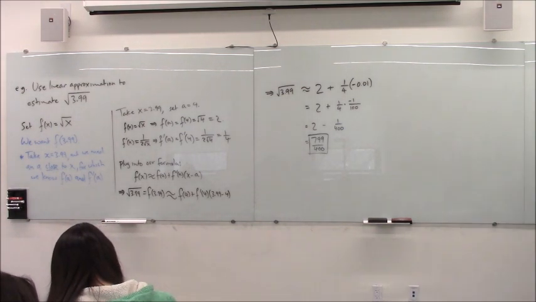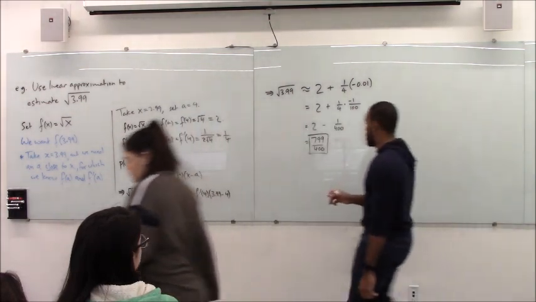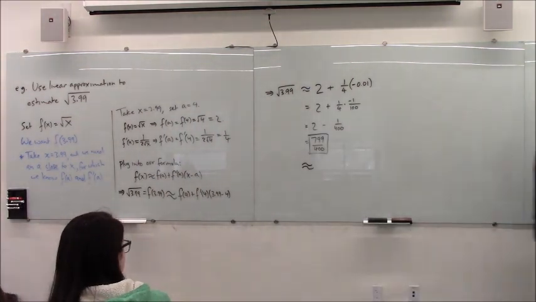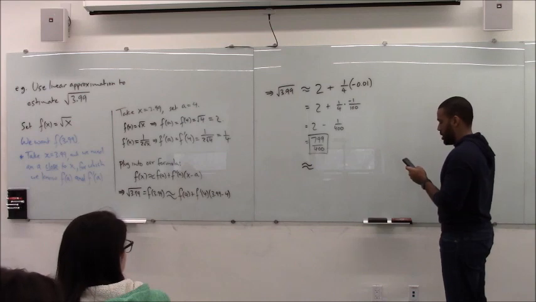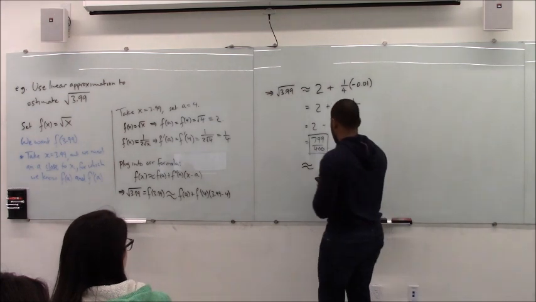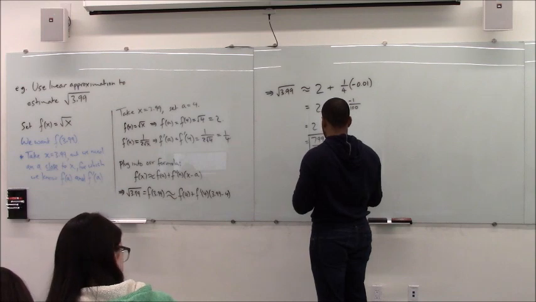Now, just for fun, let's see what that actually gives me. If I take 799 divided by 400, this is actually 1.975.